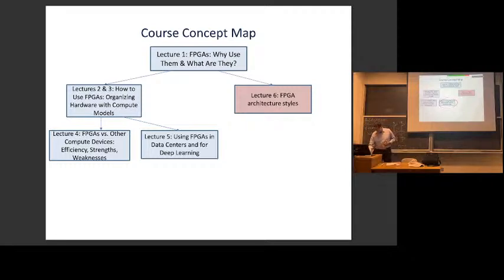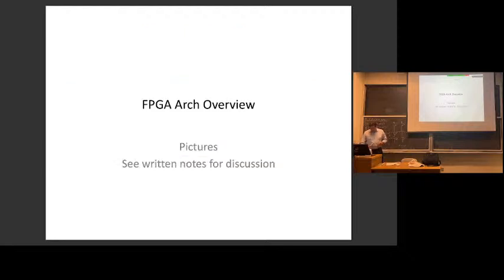And now, as denoted by the new color, we're shifting gears and going deep inside of them: how do you build them, and what are some of the questions about how to build them well. I'm going to do an overview for the rest of this lecture of what's inside of an FPGA architecture. And then through most of the rest of the course, we're going to dive deeper into various topics around that.